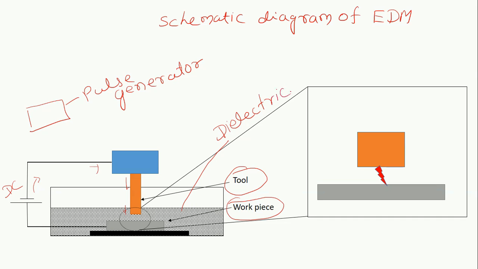Different types of dielectric can be used, such as distilled water, transformer oil, kerosene, etc. These are non-conductors of electricity. When sufficient gap is maintained and potential difference is applied, the electron will try to jump from the tool to the workpiece.